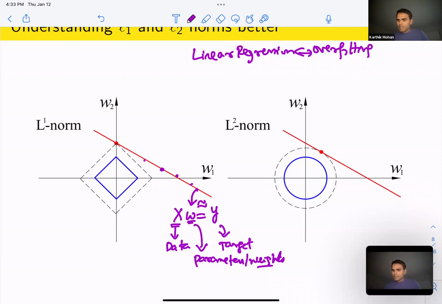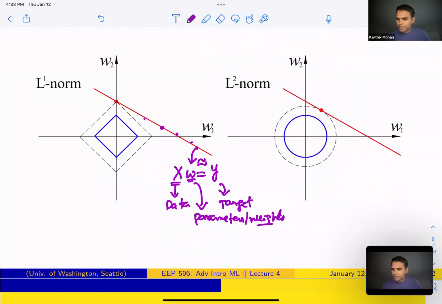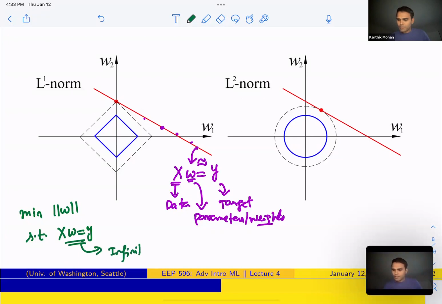Now the thing is, I'm having a penalty, right? So if I look at it this way, I want to minimize the norm of w such that X times w equals y. In overfitting, we know that there are infinitely many solutions.